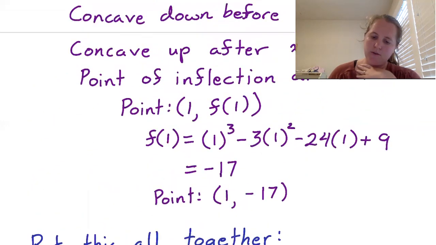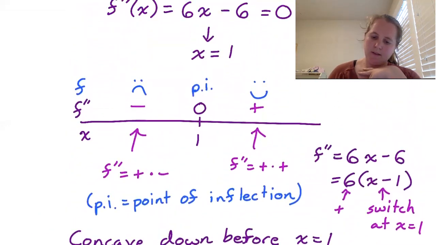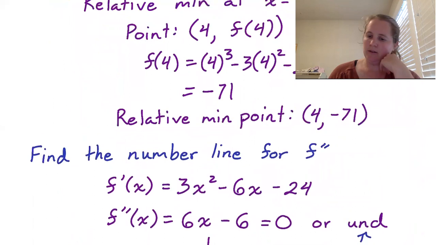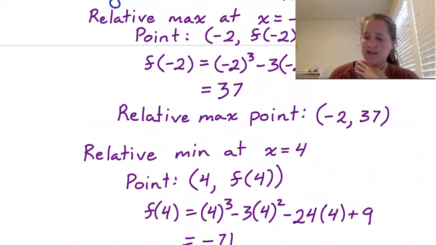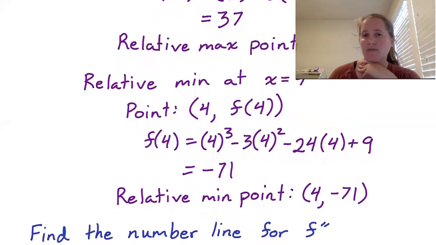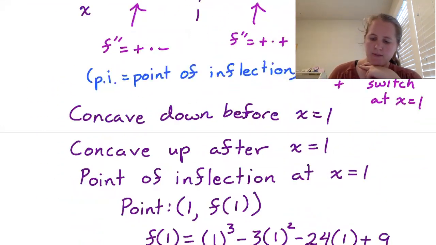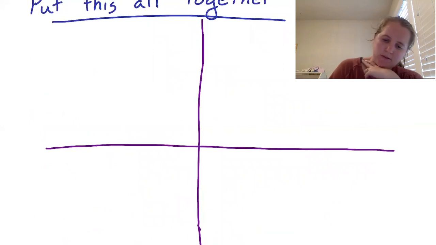So if we scroll back up, we went down as far as negative 71 and up as far as 37, at least for the relative minimax. So let's just go counting by 20s.